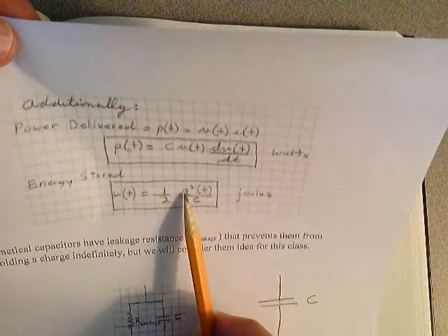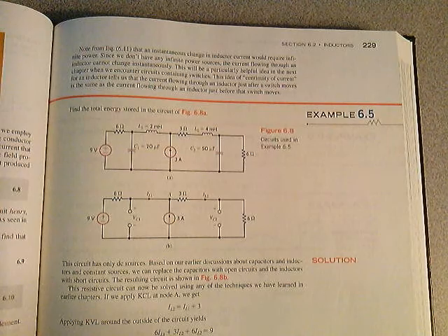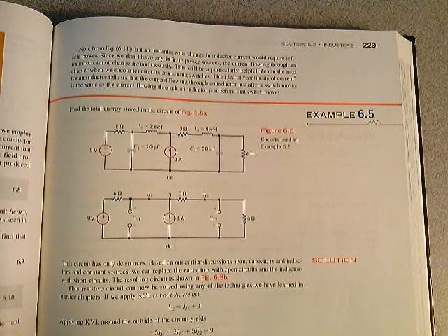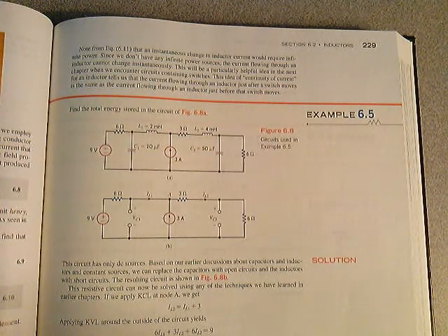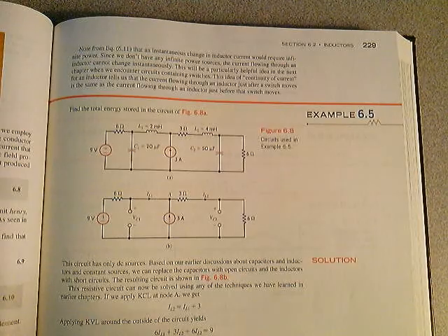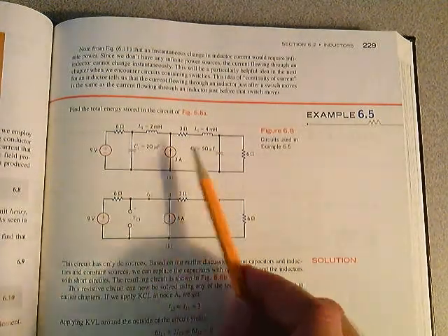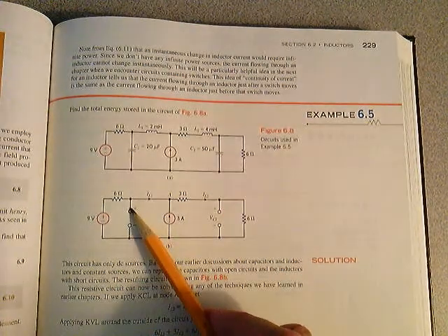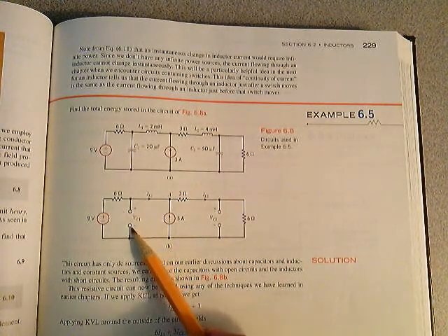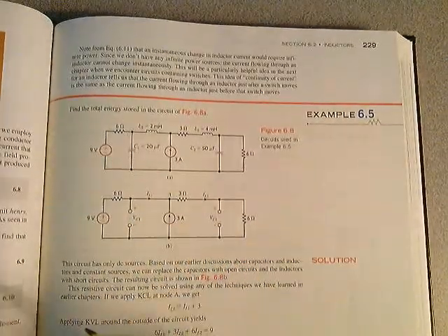Energy stored is 1/2 Q squared divided by C. Well, I gave you a previous equation that says Q is equal to C times V. So you should be able to determine the energy stored in each of these capacitors by knowing the voltage and knowing the capacitance.